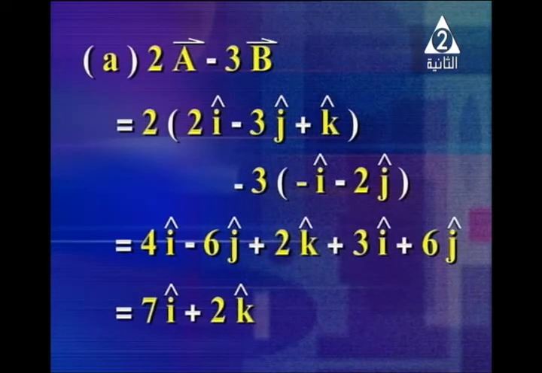First we find 2A vector, then 3B vector, then subtract. The answer is 7I plus 2K vector.